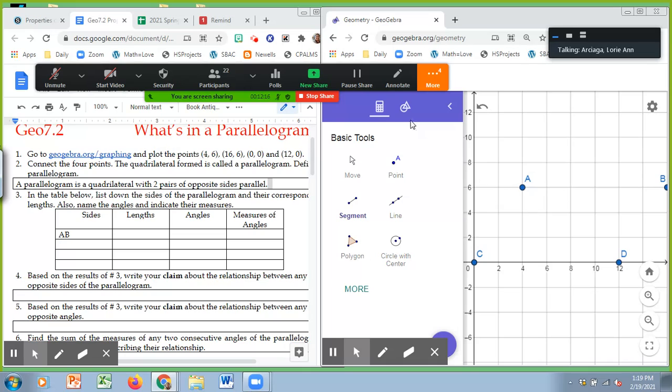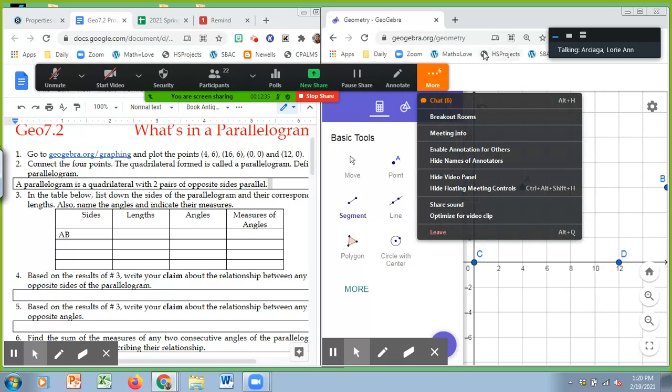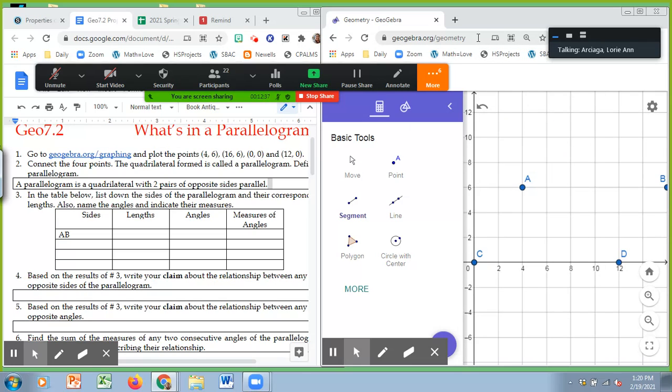Can you do that again? Which one? Yes, if you know what to do, keep going. Which one, honey? Which one did you want me to show you again? Where you go to geometry. Okay, this one?